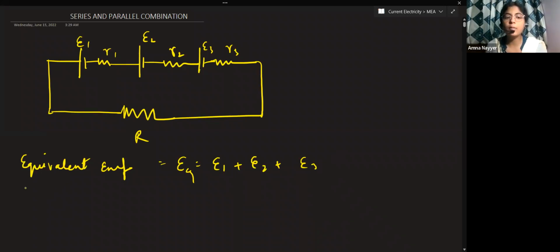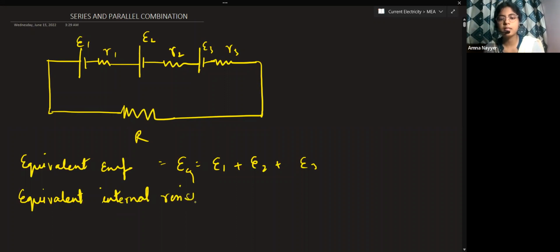If you are asked to calculate the equivalent internal resistance, then also add all the internal resistances: R1 plus R2 plus R3. If all the cells are connected in this manner, then the equivalent internal resistance will be this.